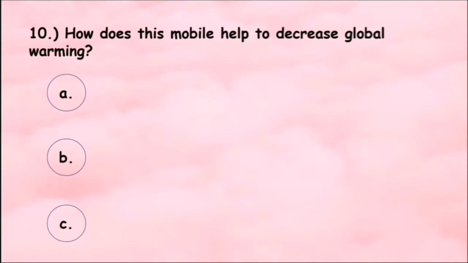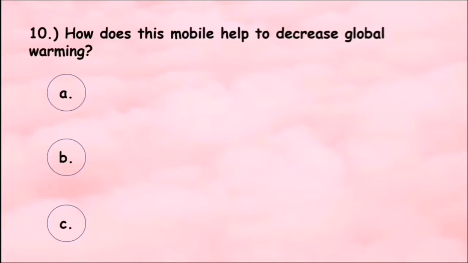Even the cars. The smoke coming out of the car causes pollution. So there are many things that cause pollution to our planet, which makes our planet become warm or hot. And it is not good for the people or humans and even animals.